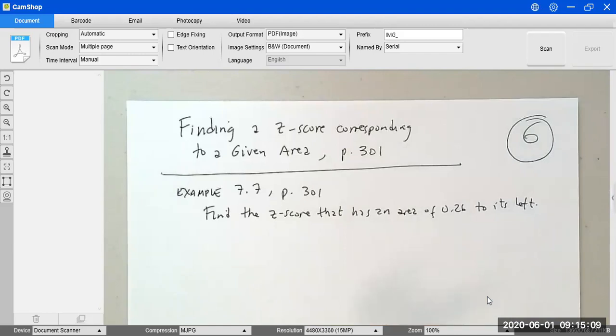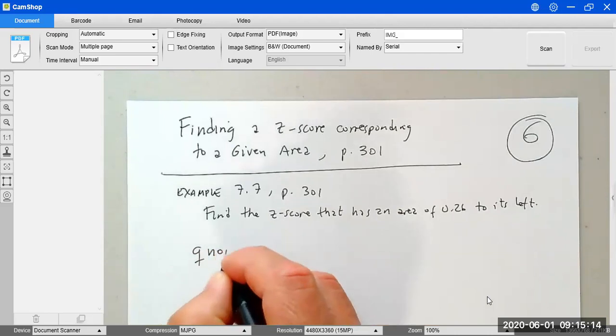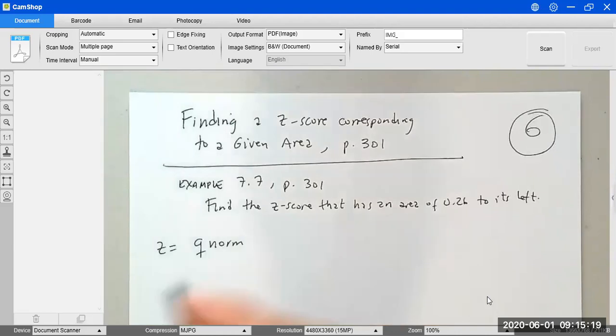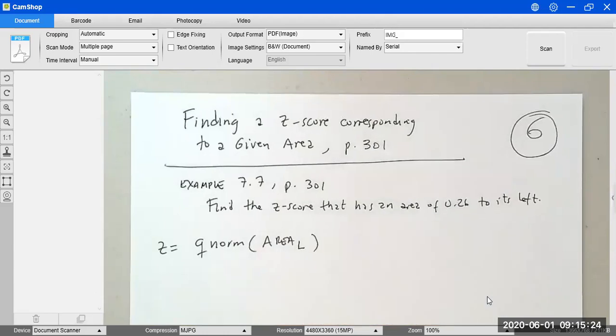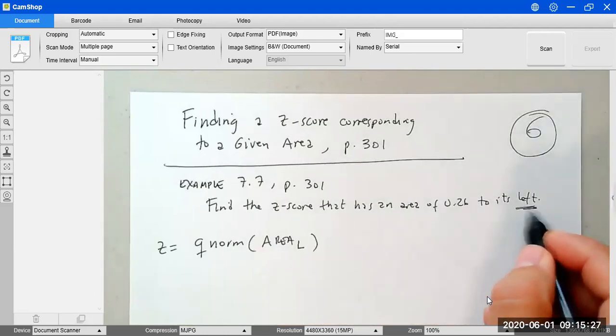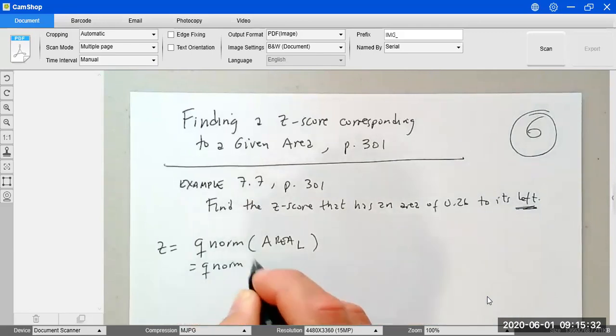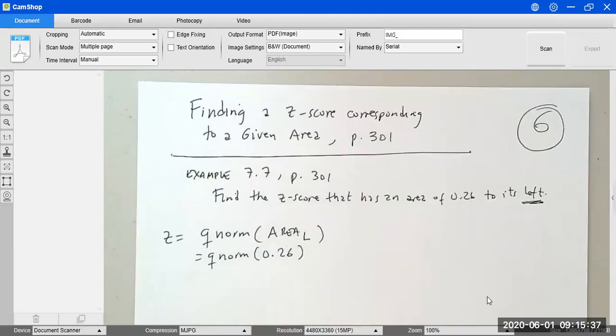What we're going to do is use a Q function. We're going to use qnorm to find the z-score. You use qnorm, but we need to provide the area to the left. In this case, that's the area that is provided, so the area to the left is just 0.26. Let's work this in R and see what we get.